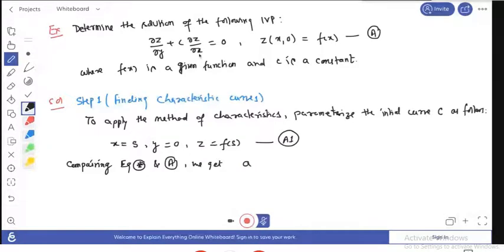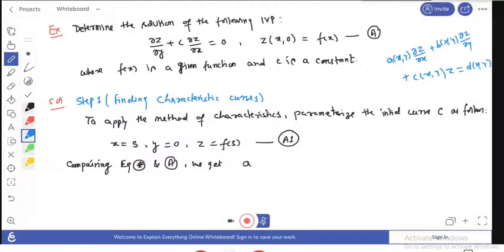The general form is a of x, y times del z over del x plus b of x, y del z over del y, plus c of x, y times z, and that equals d of x, y. This is a linear partial differential equation, and we denote it by star.